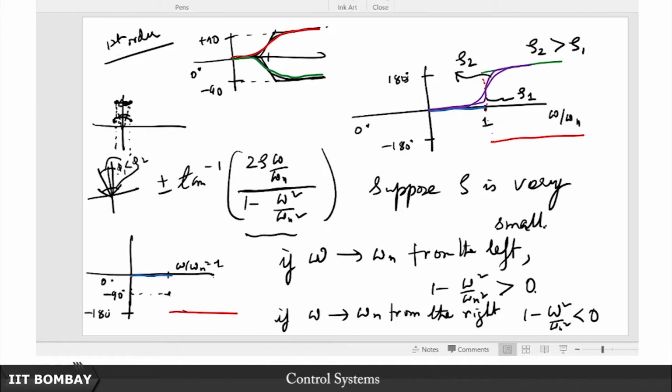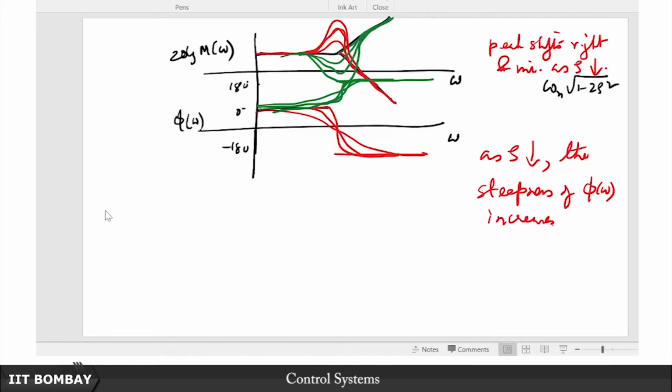So for small changes in omega, the change of phase is smaller for higher values of zeta, but for smaller values of zeta, as omega flips from one side of omega n to the other side, there is a greater phase change. So that means there is a steeper rise in the phase plot for smaller values of zeta. So that gave rise to this particular observation, that as zeta decreases the steepness of phi omega increases.